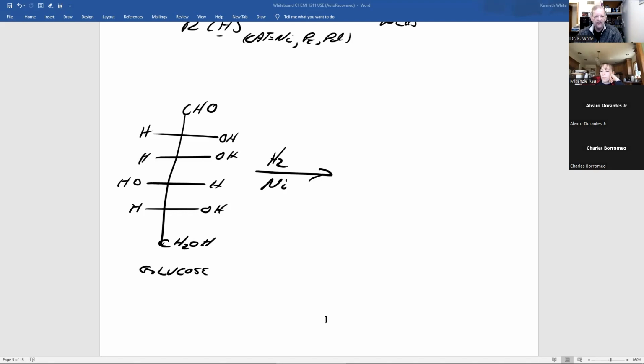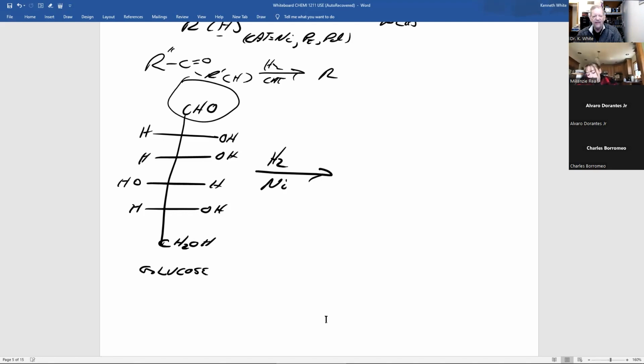What do you see that's different? Well, you got a bunch of alcohols, but what do we have here? An aldehyde. It could have been a ketone, reacted with hydrogen and a catalyst, and the pi bond you'll break, and each atom of the double bond, carbon and oxygen, will get a hydrogen.